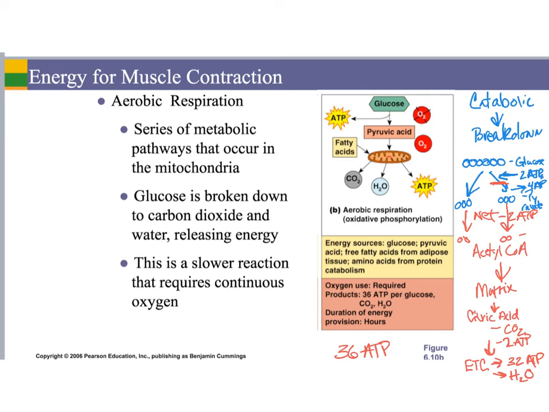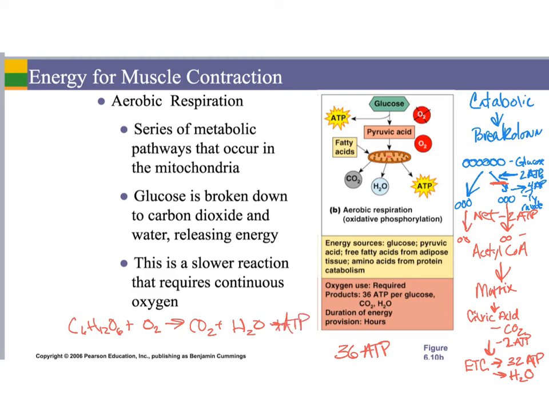So remember, respiration is glucose, C6H12O6, plus oxygen produces carbon dioxide and water. That's what we respirate, right? That's what the cells bring back from our blood. The waste products are brought back to our lungs. We breathe out carbon dioxide and water, and then ATP, right?